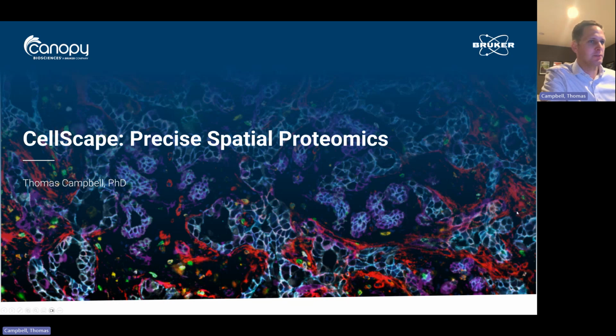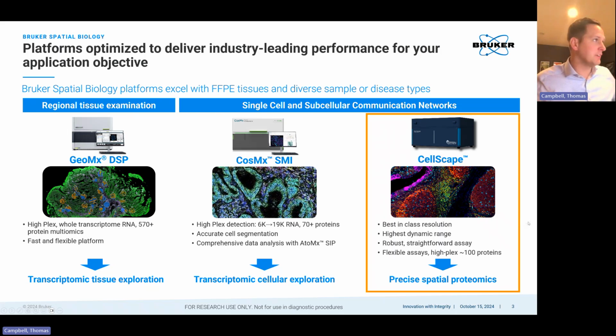Just to orient you in terms of where this platform sits within the broader Bruker Spatial Biology portfolio, you are all familiar with the GeoMx Digital Spatial Profiler, really good for super high plex whole transcriptome RNA, really high plex 570 plus protein multiomics, with this ability to do fast and flexible transcriptomic tissue exploration in a multicellular but still spatial fashion.